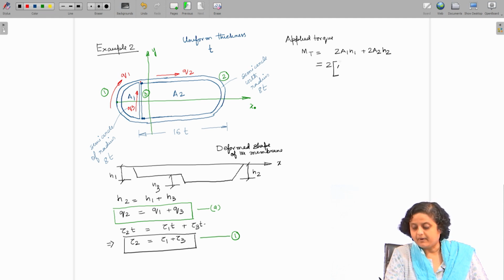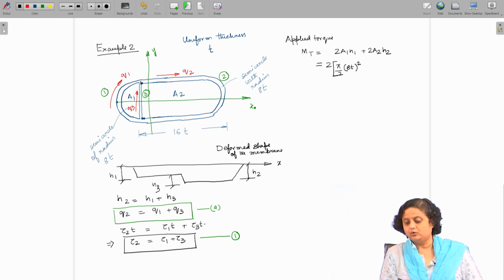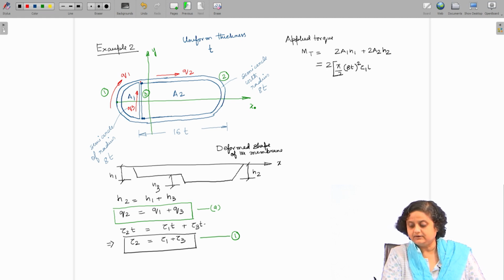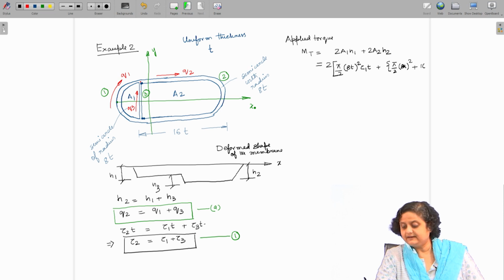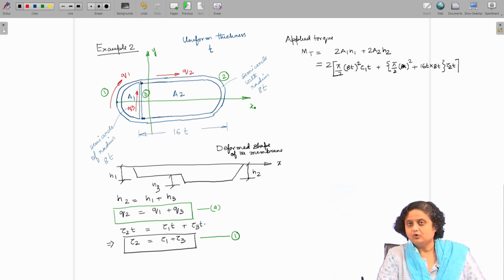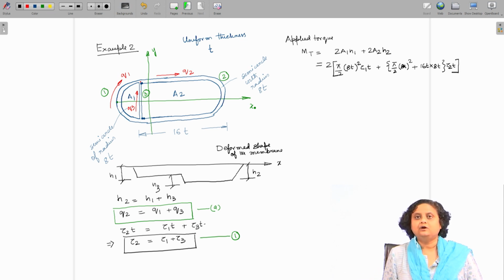A1 is pi by 2 because it is a semicircle, into 8t, the radius, whole square, and H1 is tau 1 into t. Then A2 is the area of the semicircle, pi by 2 into 8t square, plus 16t into 8t, and H2 is tau 2 into t. So, this is the expression for MT.